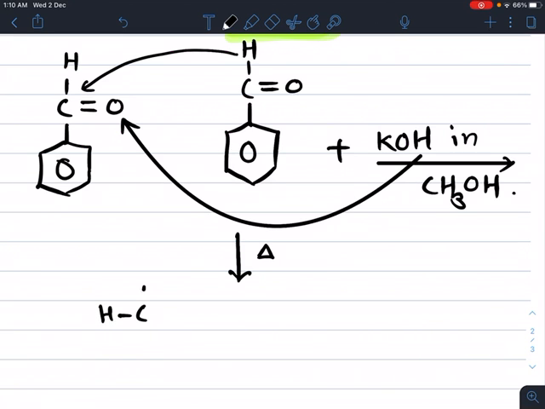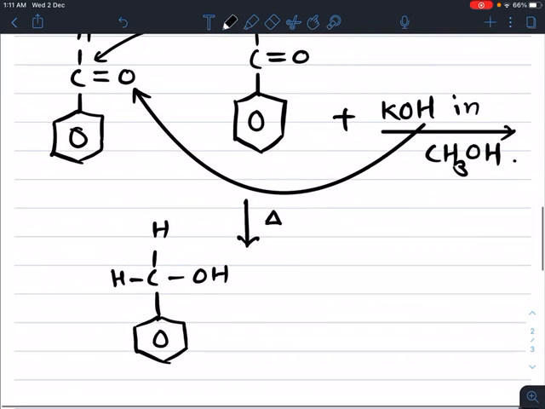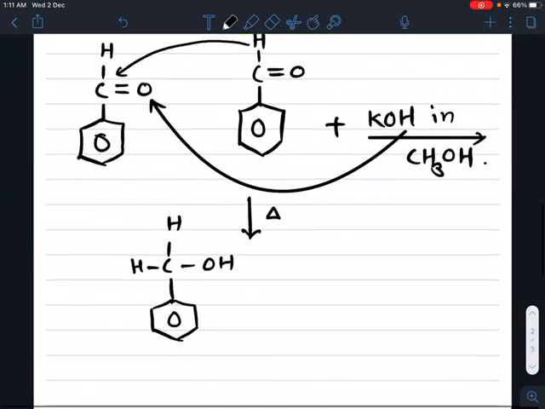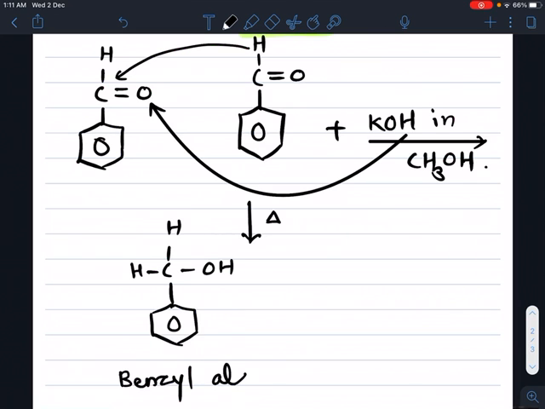C6H5CH2OH is formed, and this is the reduced product because addition of hydrogen takes place to the benzaldehyde. The name of this compound is benzyl alcohol. Alcohol is formed after the reduction.